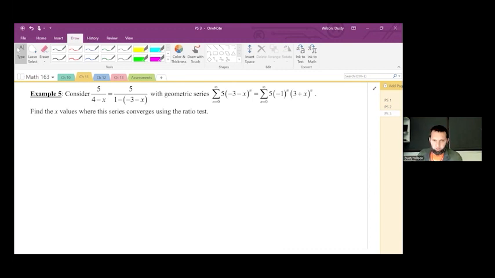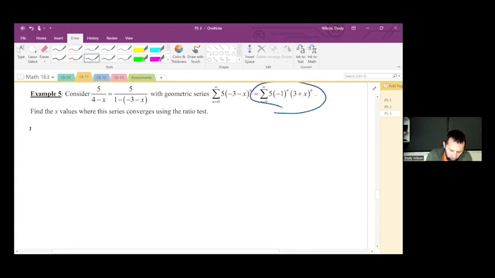Find the x values where this series converges using the ratio test. There's actually a whole bunch of work shown here. I show this work because this is an unusual representation for this particular geometric series, and so I wanted to explain where it came from. But at the end of the day, all we really need to do is use the ratio test on this series here at the end.